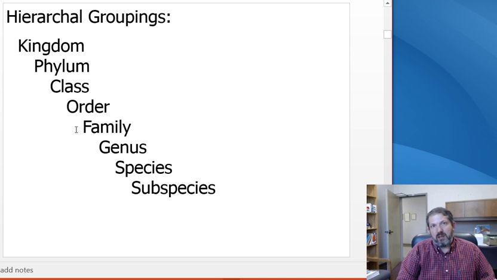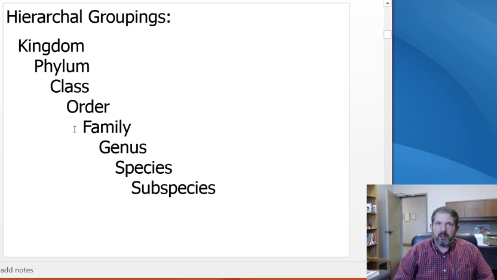Is a red panda more like a bear or more like a raccoon? It comes down to the anatomy, and nowadays it comes down to looking at the genetics and building a tree of relatedness. And so now we have this tree of life that's more and more based on genetics.